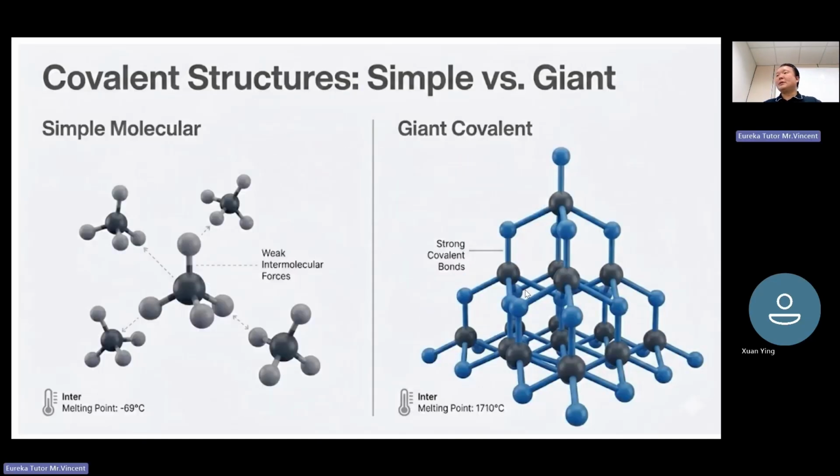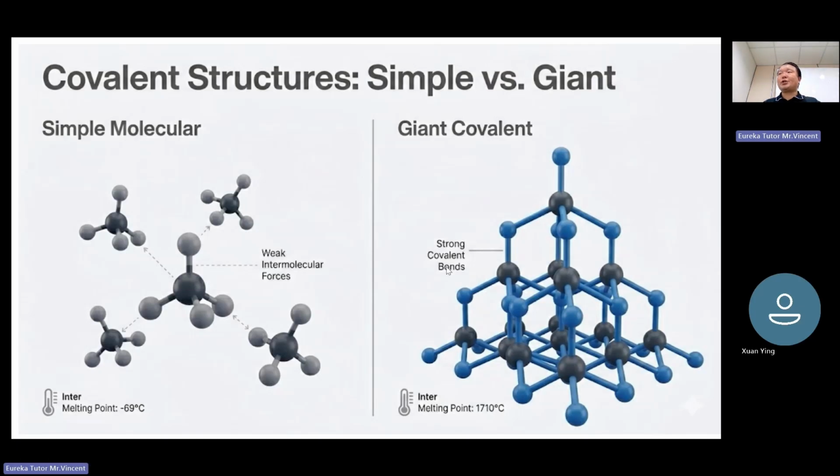Okay, next, simple and giant covalent. Covalent itself can be divided into 2 types: simple structure and very big giant structure. Simple covalent molecules have weak intermolecular forces, so they have a low melting point. Key point: weak intermolecular force, low melting point.